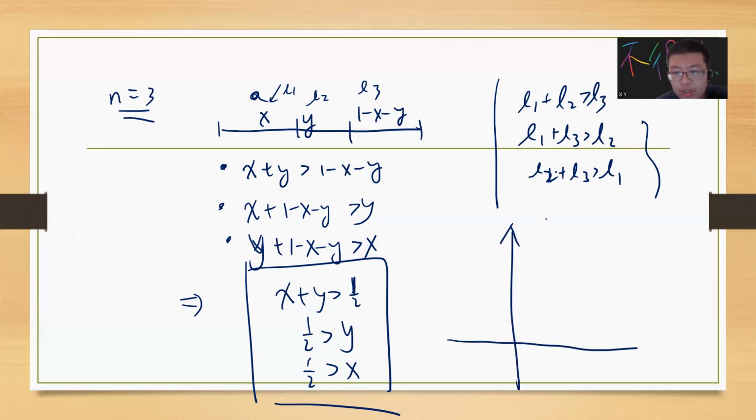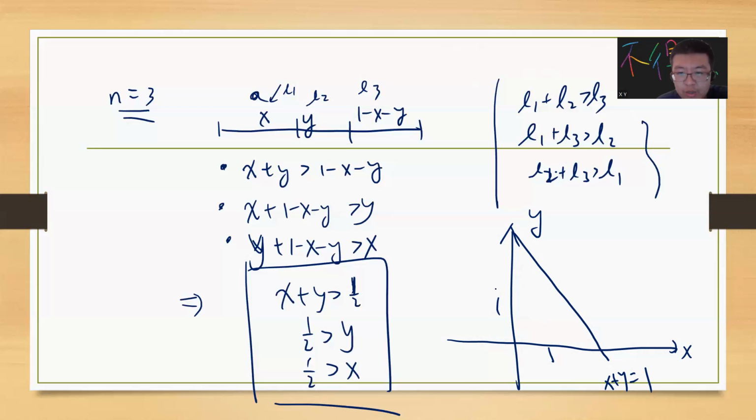Because now you have x and y, and your x is random and y is random, this is your probability distribution, the unit square.